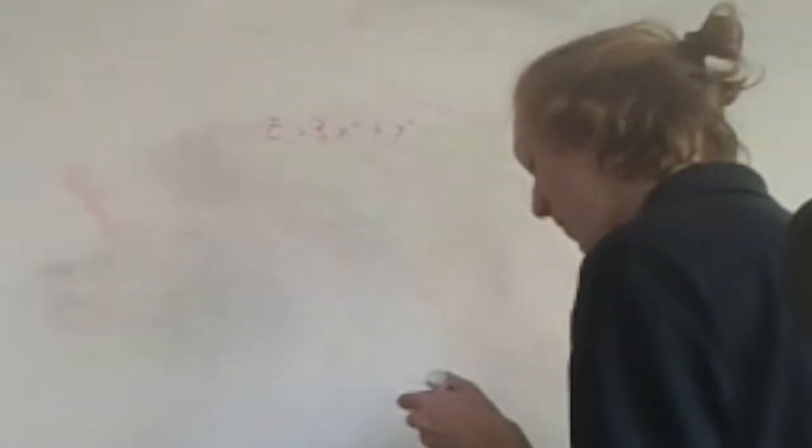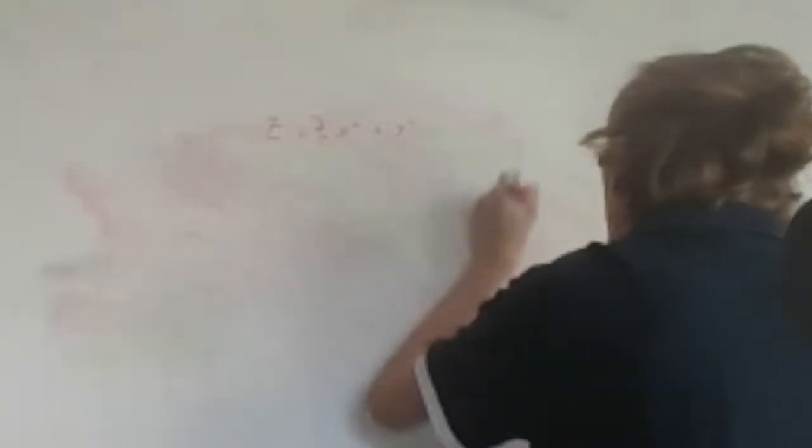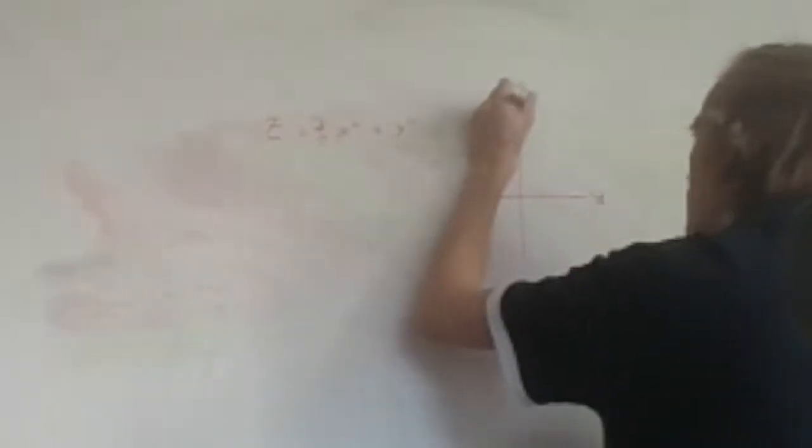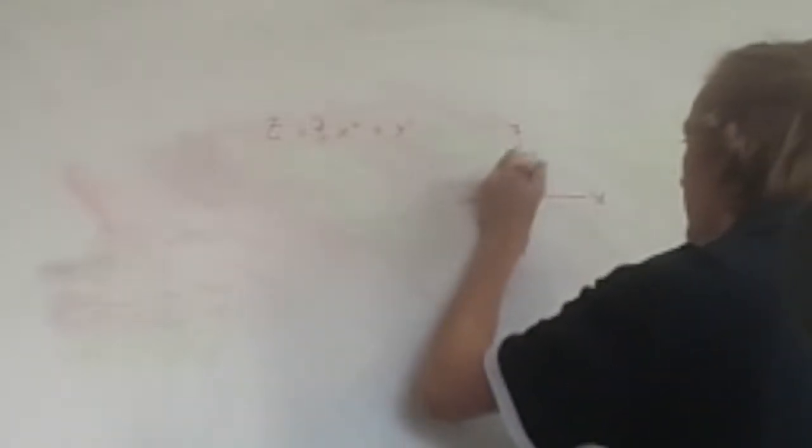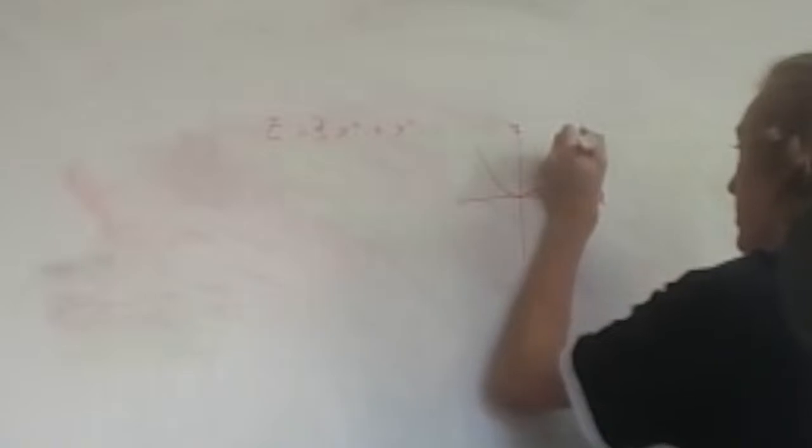Actually, I have to draw the little trace things. So if I said, let's look at xz, this is going to look like z is equal to 3x squared.